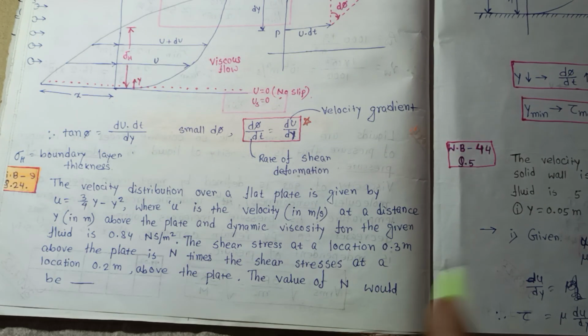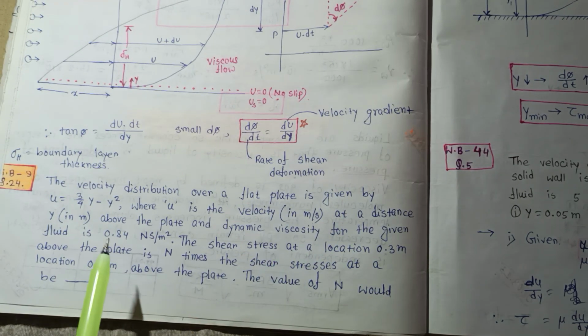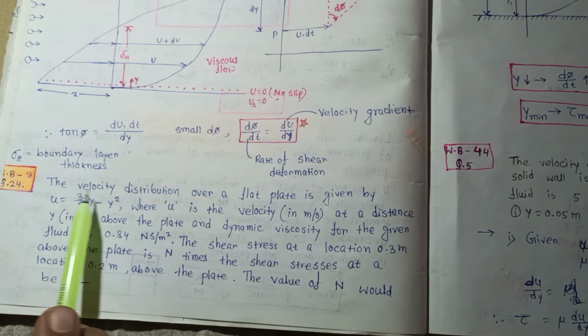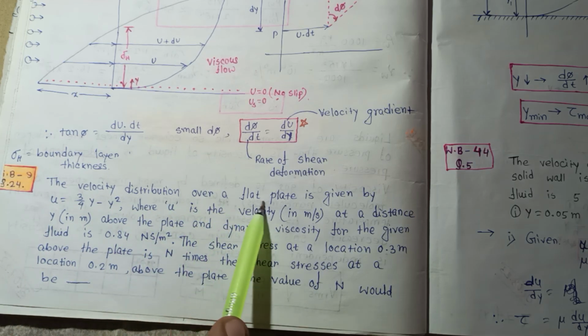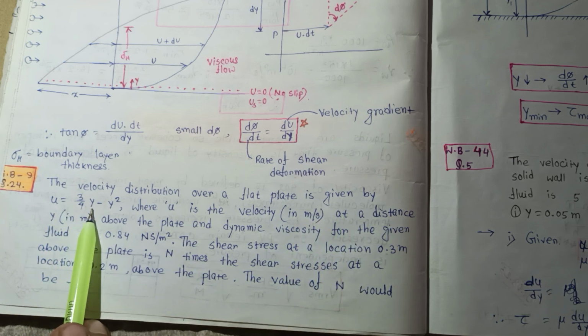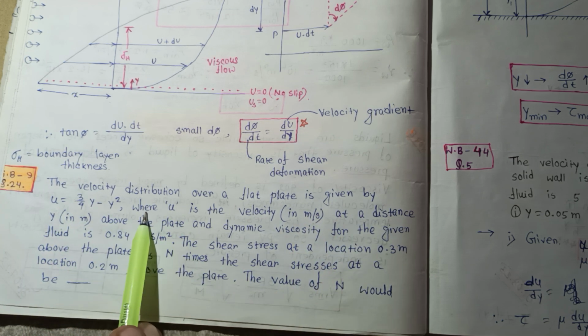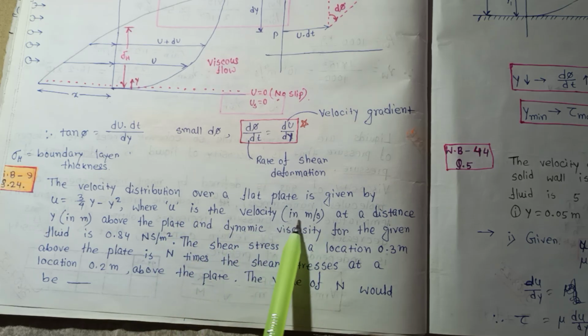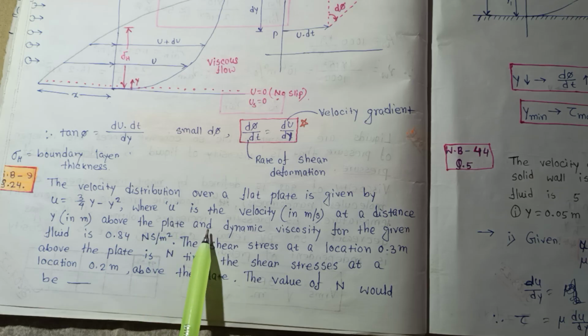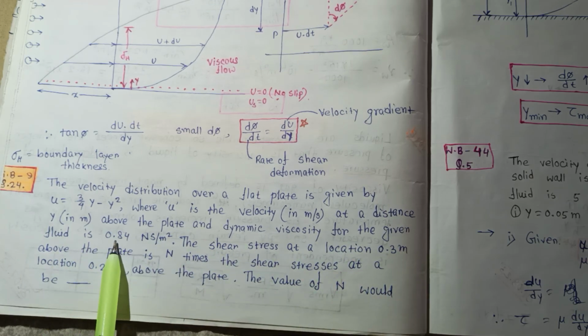Let's try to solve one question that is very important for GATE, ESE, SSC and JEE exams. The velocity distribution over a flat plate is given by u equal to 3 by 4 y minus y square, where u is the velocity in meter per second at a distance y above the plate, and the dynamic viscosity for the given fluid is 0.84 Newton second per meter square.